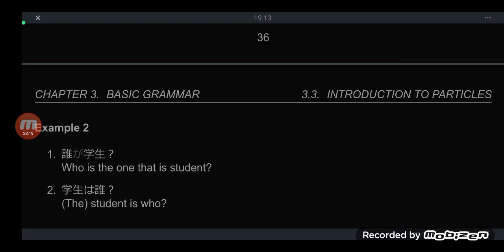I've been noticing that many Japanese learners are confused with the wa and ga even up to now. But please, there's a fine distinction between the wa and the ga. Let's put it this way: the wa is strictly used for descriptive clauses, for describing a subject, for forming descriptive sentences, and for using the SLVC.